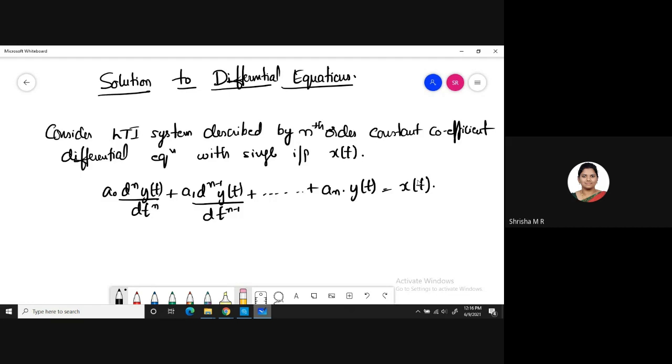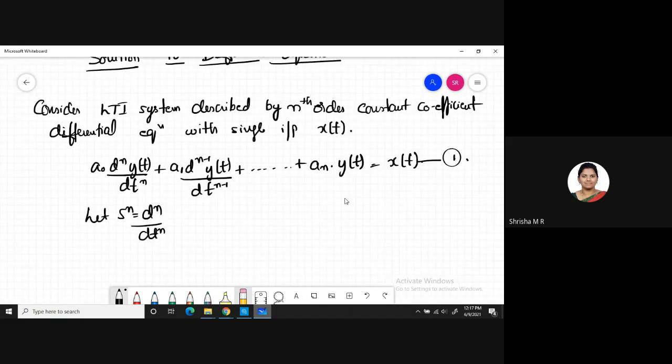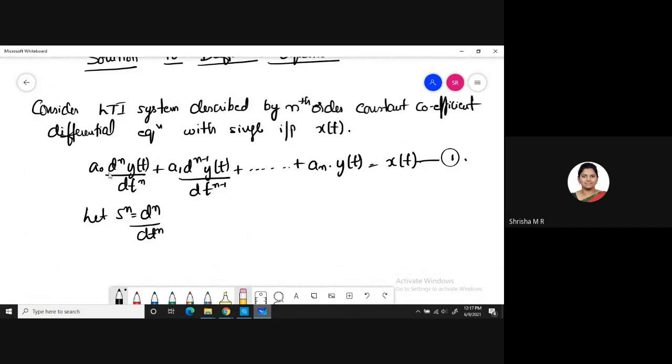Suppose I take d to the power of n by dt to the power of n as s to the power of n. This is our equation 1. How will this equation get modified?